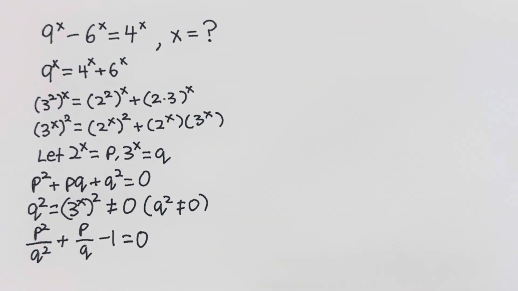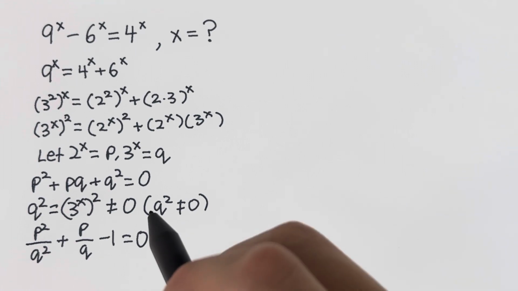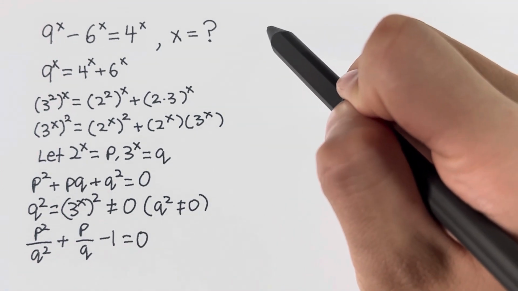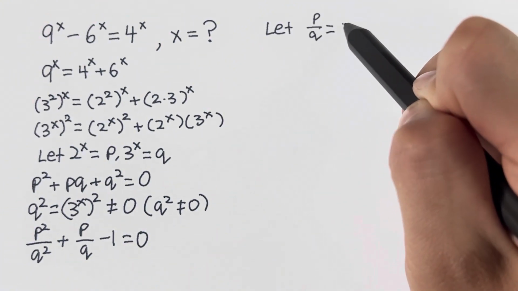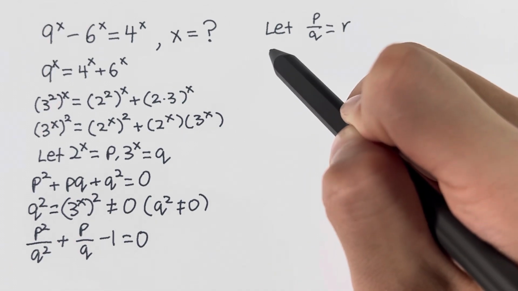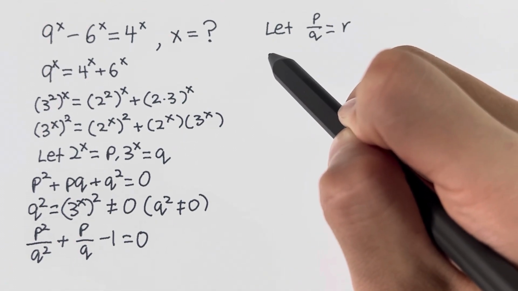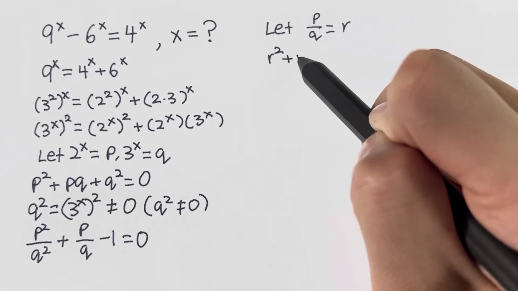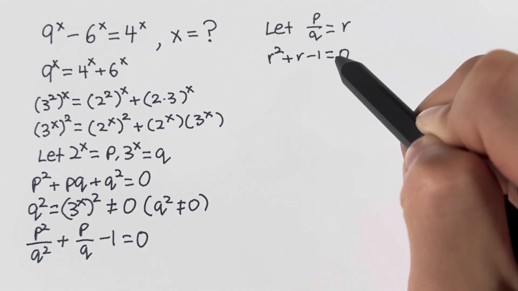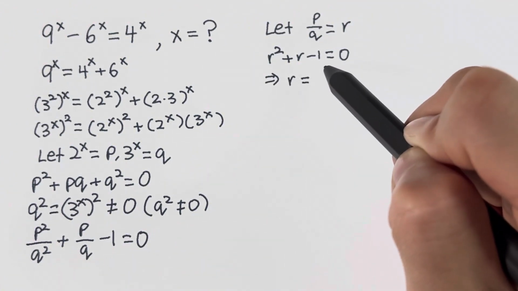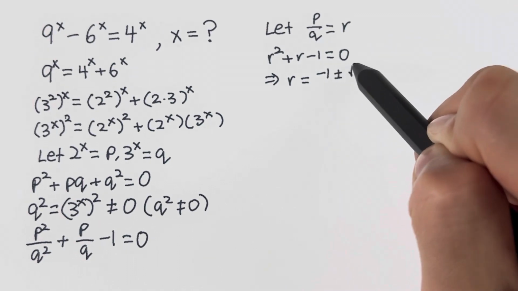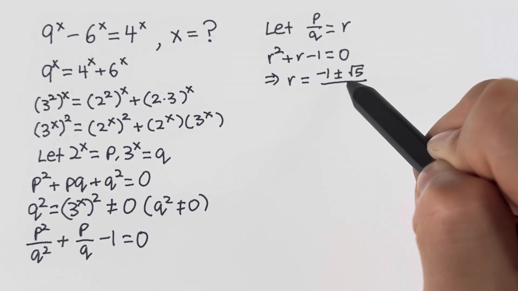So now we can let p over q equal another variable, r, to make for easier calculation. r squared plus r minus 1 equals 0. We can apply the quadratic formula to find that r equals negative 1 plus or minus square root of 5, divided by 2.